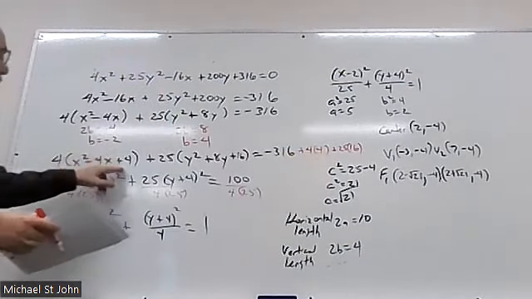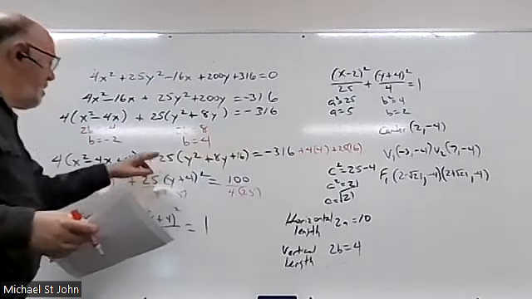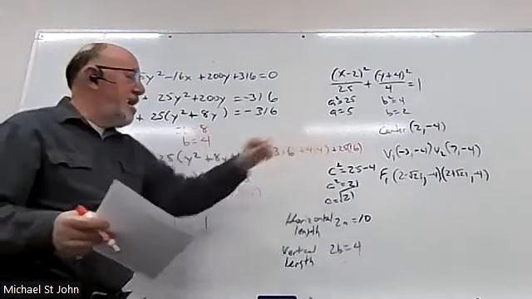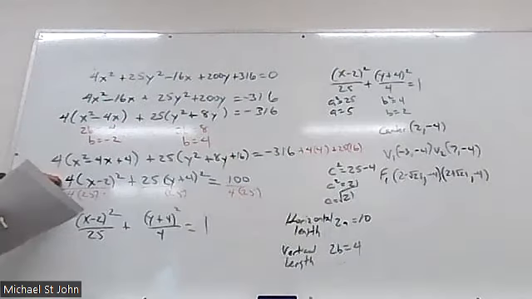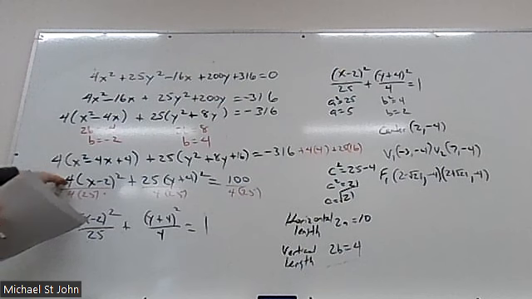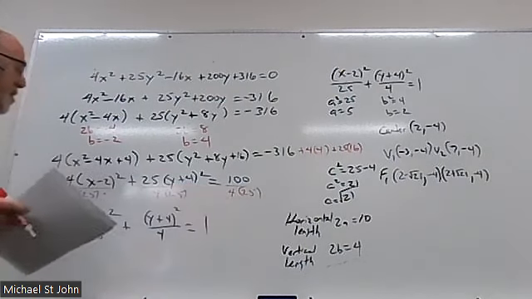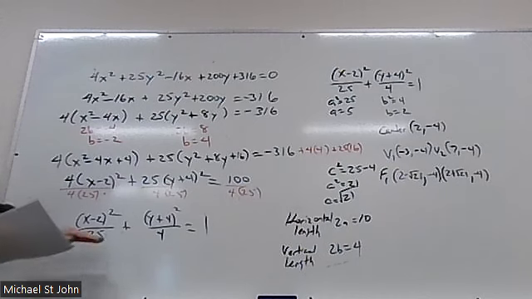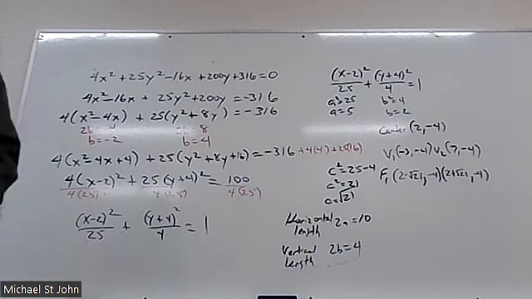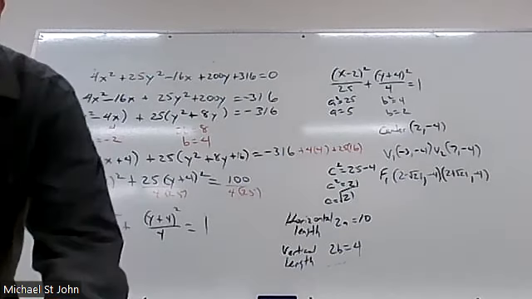So we had the 4 times the 4 and the 25 times 16 added over there. And we got to this, and then we divided everything by the 4 and the 25 because we want this term to be 1, and we ended up with our equation of an ellipse in the usual form. And that will conclude this video.